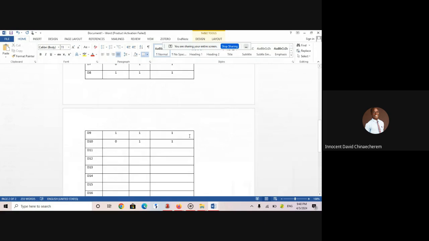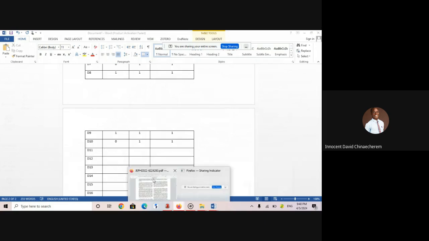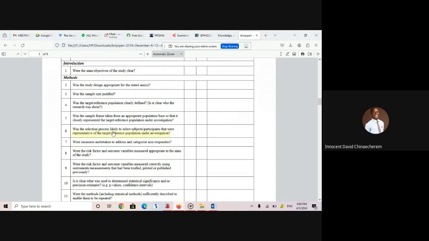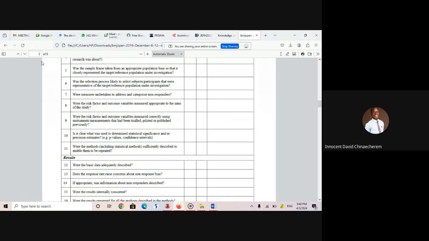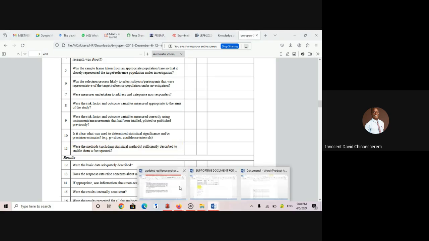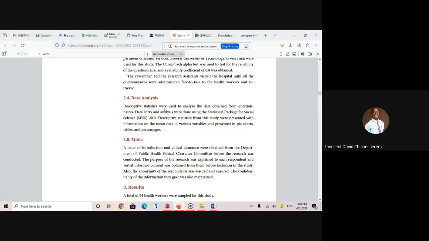Now we'll move to the next, the 11th domain, where the methods include statistical method. So it was described. All the studies are clearly showing the statistical method. Now, what do I mean by that? Here, I showed that I used descriptive statistics to analyze my data entry.